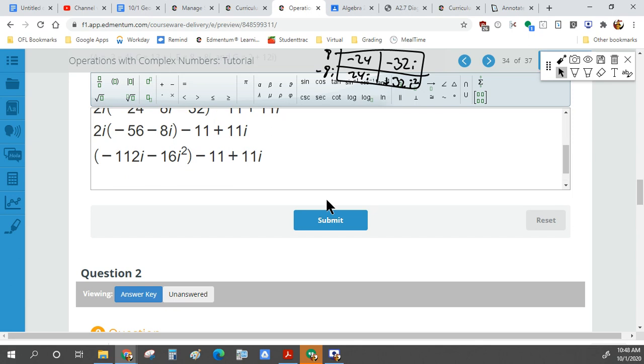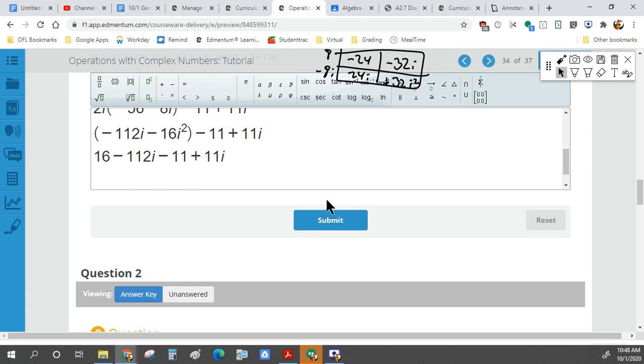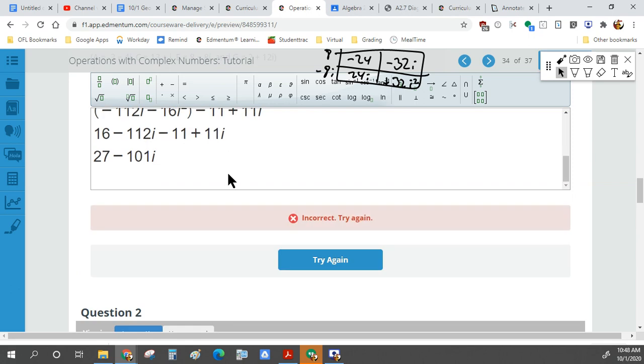So on the very next line, I get 16 minus 112i minus 11 plus 11i. And then the very last line, I add these two together, 27, and that makes it minus 101i. Hopefully I did all that.